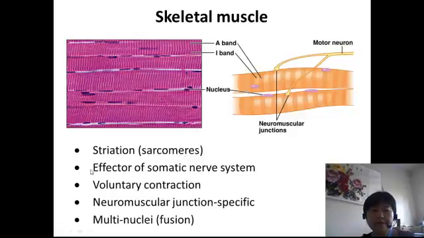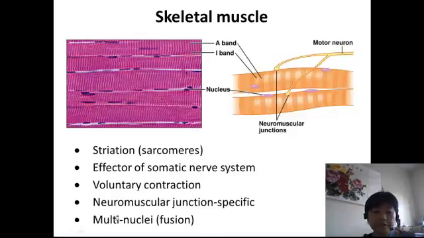Skeletal muscles are the effector of the somatic nervous system. What do we mean by that? In a control system, you have to have a control center, a receptor, and also an effector, which takes action according to the regulation center. So skeletal muscle is one type of effector, and it is innervated by the somatic nervous system, that is, voluntary movement.